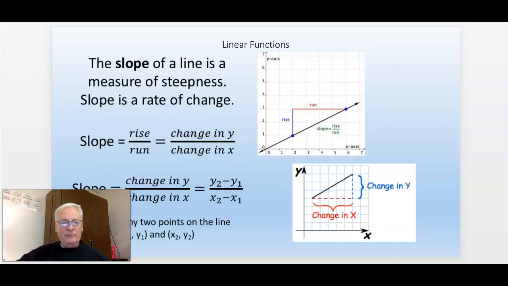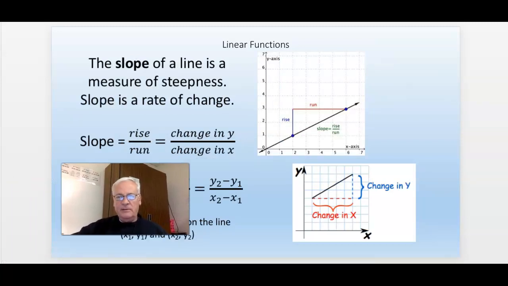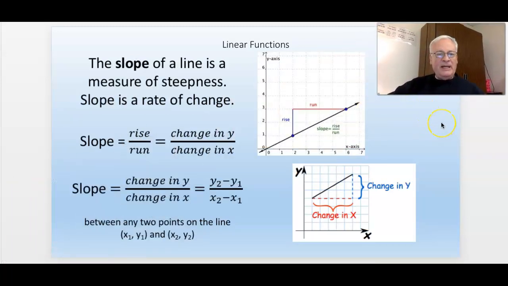Guys, the slope of a line is a measure of steepness. It's a rate of change, a very important concept in math. Sometimes we call it rise over run. You can pick 2 points on a line and then draw this little triangle.